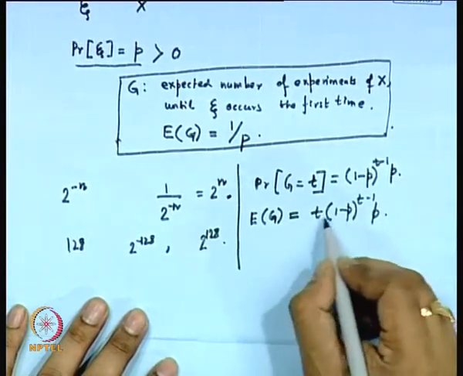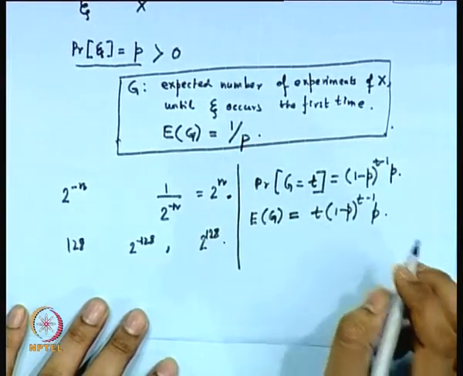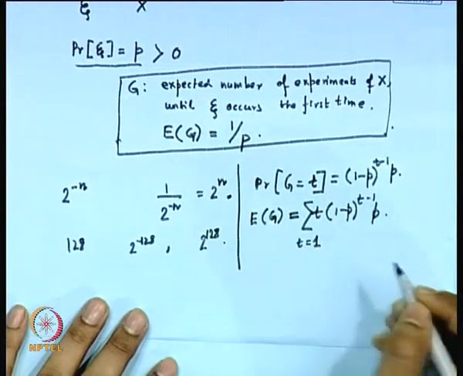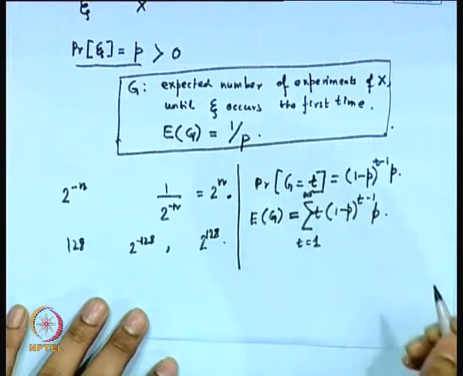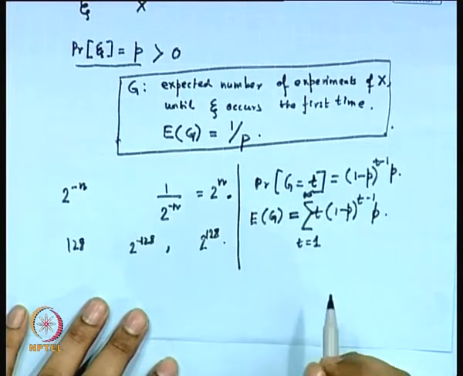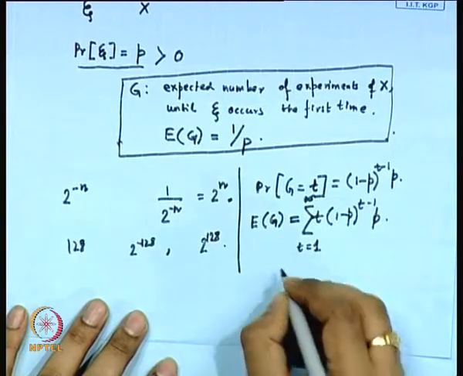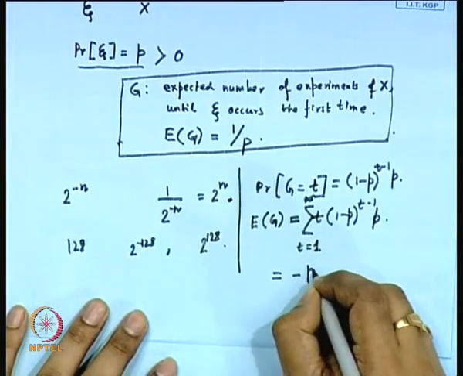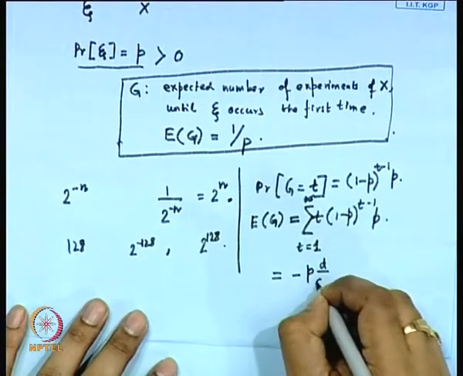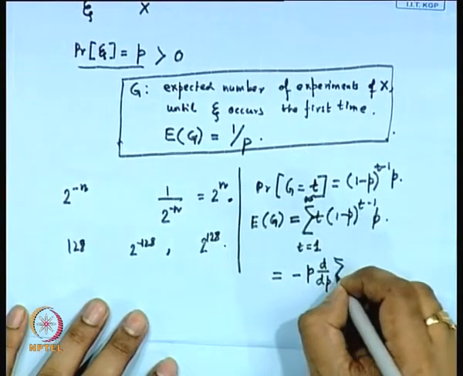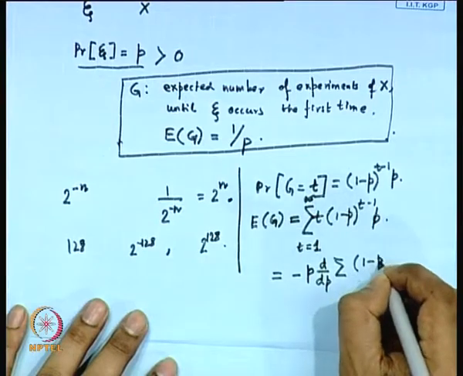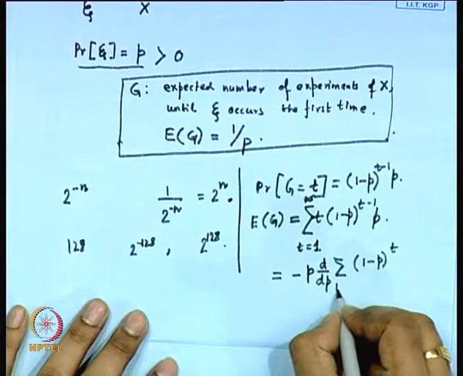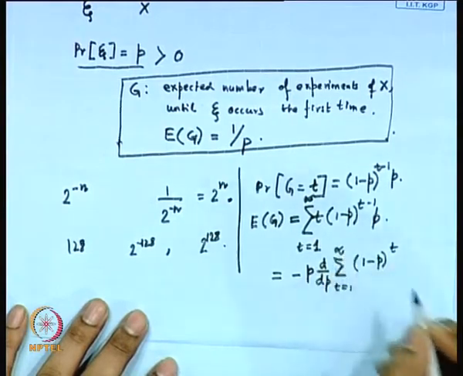Note that t can be anything, from t equal to 1, the first time you do the experiment, to t equal to infinity, so it is a summation. We are not going to prove this here, but you can follow that this equals minus p times the derivative with respect to p of the sum of (1 minus p) to the power of t, where t runs from 1 to infinity.